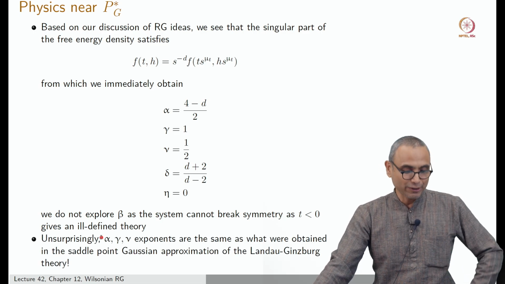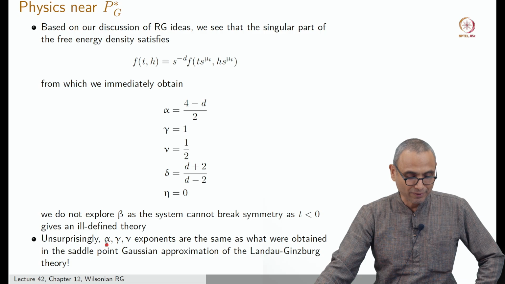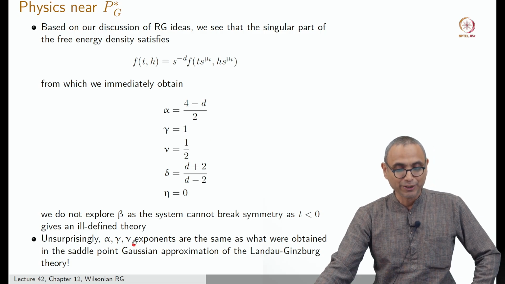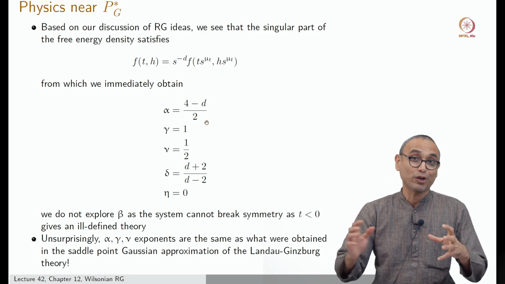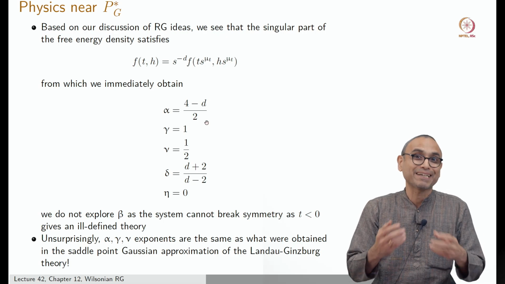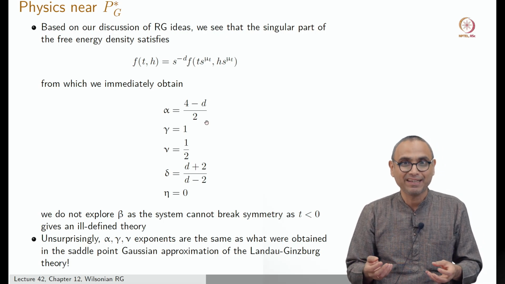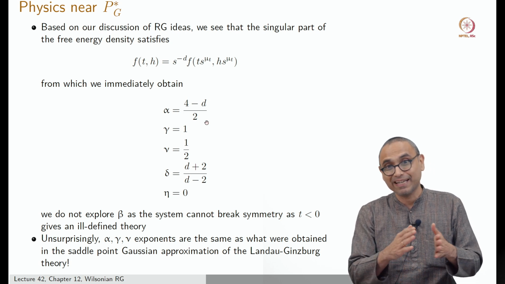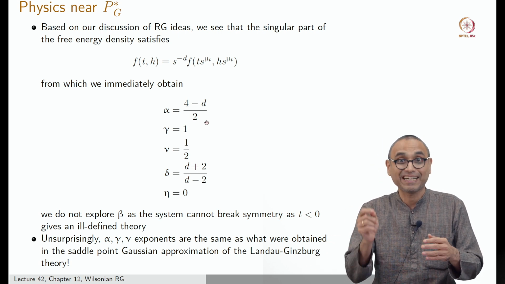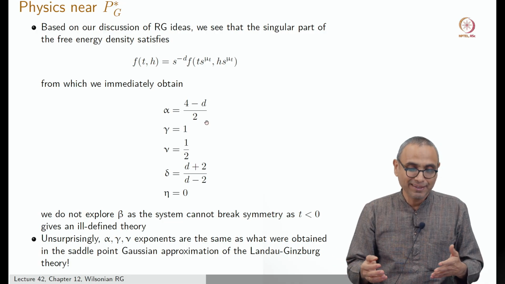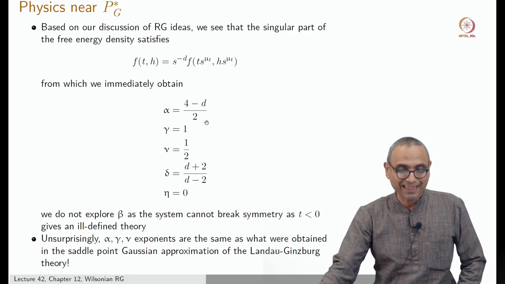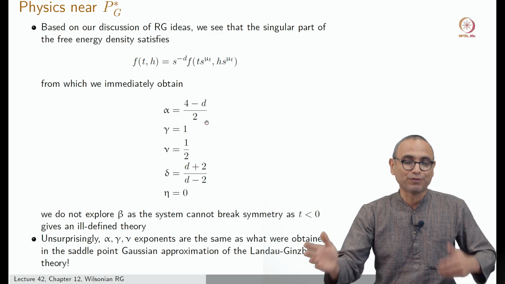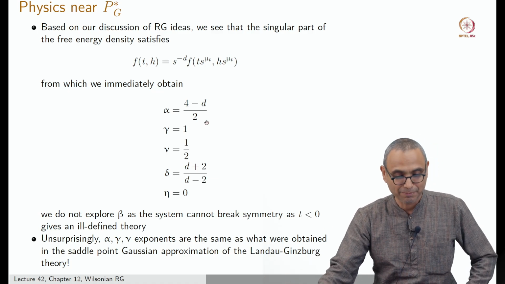And an important thing to note is that these exponents like alpha, gamma and nu are exactly what we got from the saddle point approximation of Ginzburg-Landau theory. Remember, in the saddle point approximation of the Ginzburg-Landau theory, let us say above Tc, where little t was greater than 0, the theory looked exactly like this with some coefficients that were differently labeled.